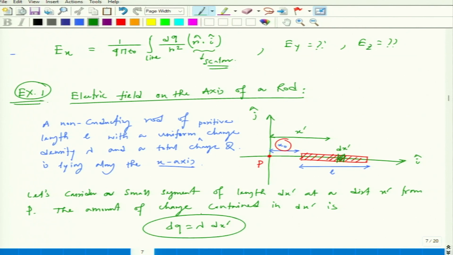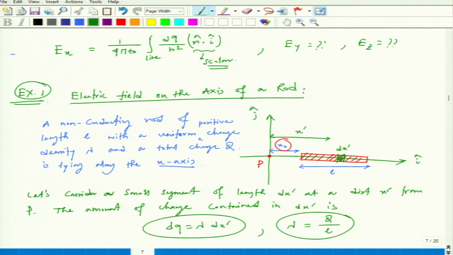Here we consider lambda to be uniform, so lambda is Q over L, as we discussed in the previous class.